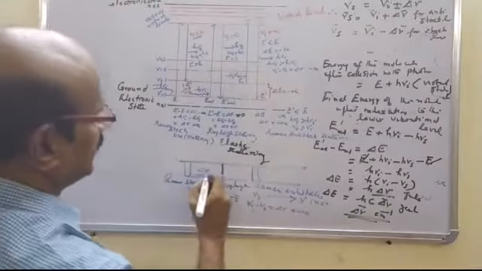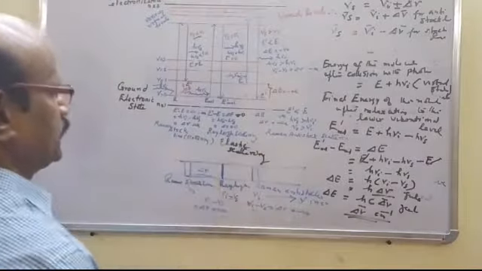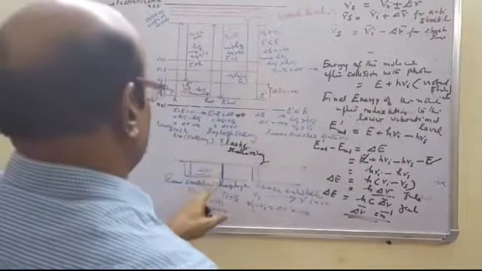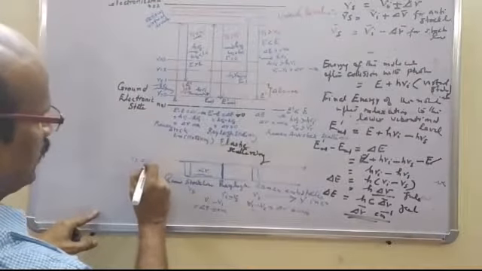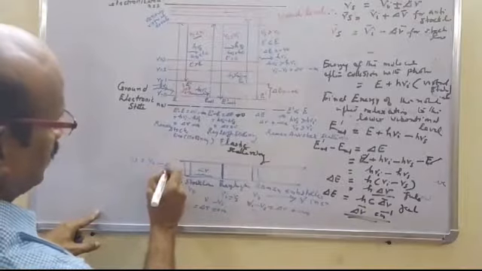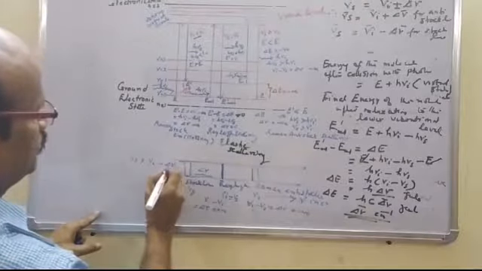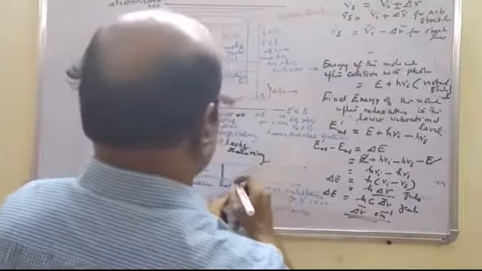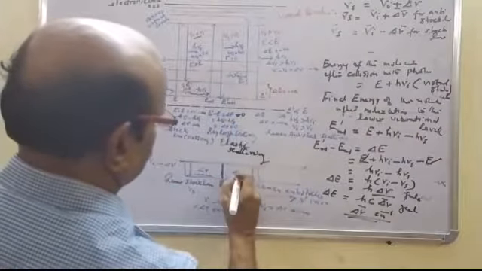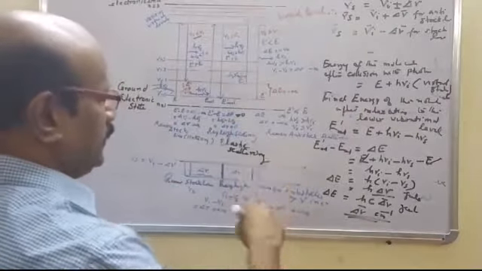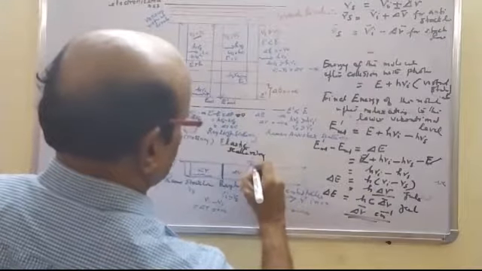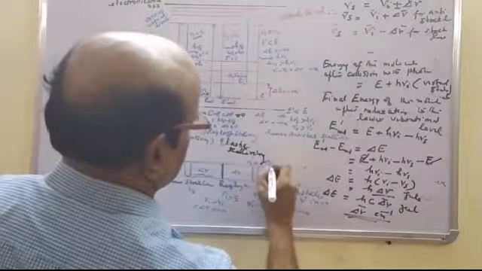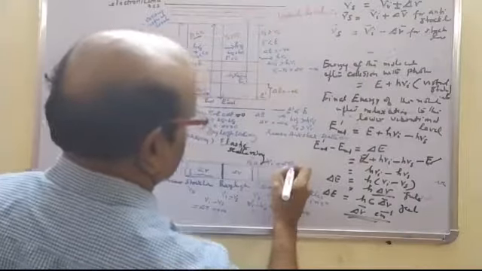This is lesser. We have nu s. Nu s is nu I minus delta nu. Here on the right side, this delta nu is positive, but it is greater. Nu s is nu I plus delta nu.